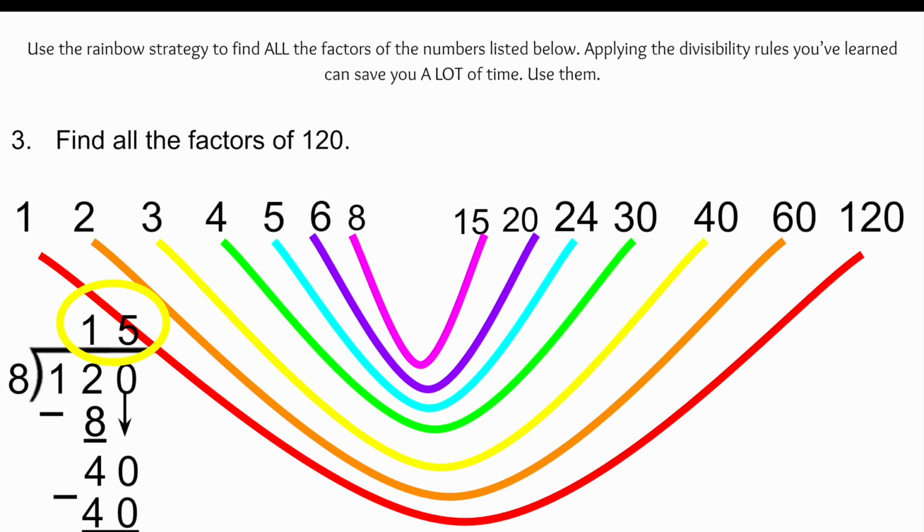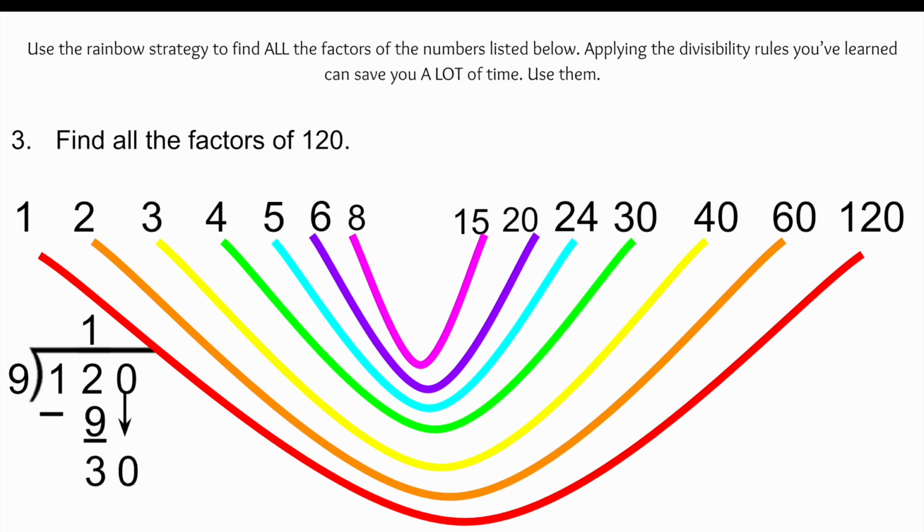All right, on to the next number. We've tried 8. Let's go on to 9. This is another one. We're just going to have to do the long division. There is a rule for this one, and you're actually going to learn it today. So once you know the rule, it'll make this step a lot faster. So 9 can go into 12 once. We'll multiply. We'll subtract. We get 3.